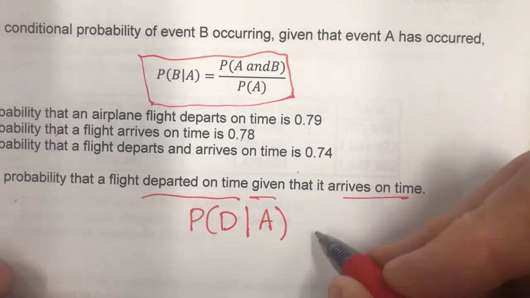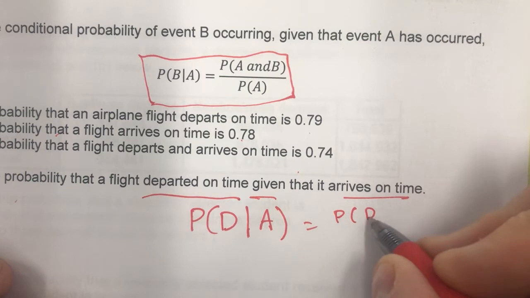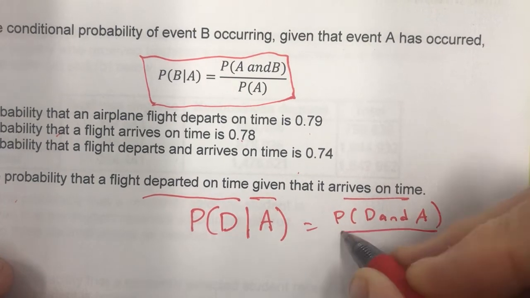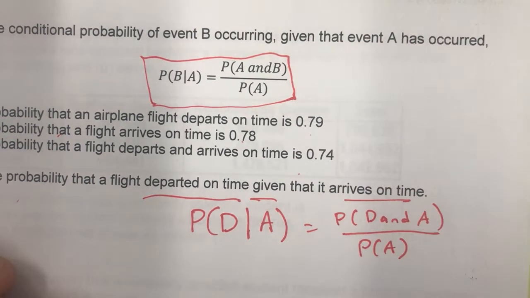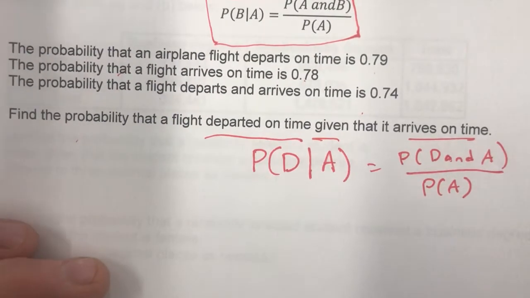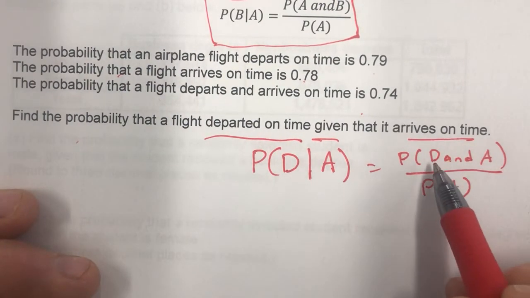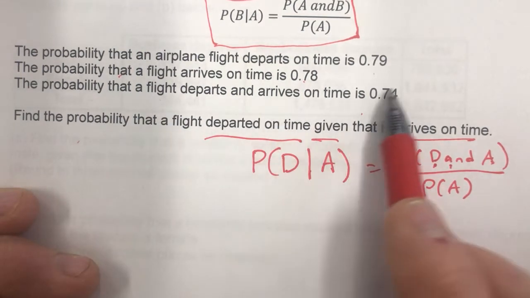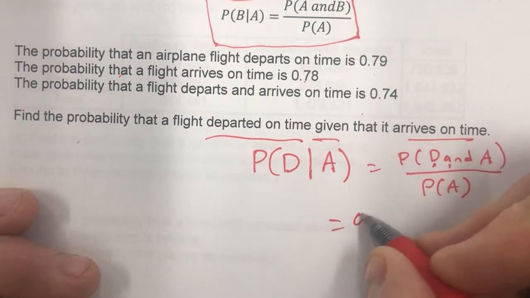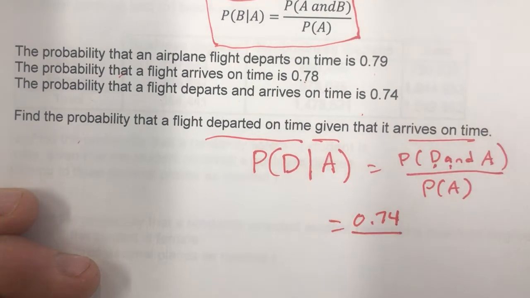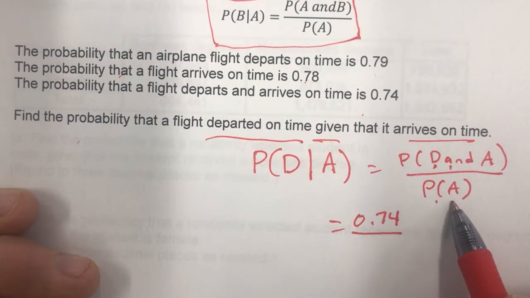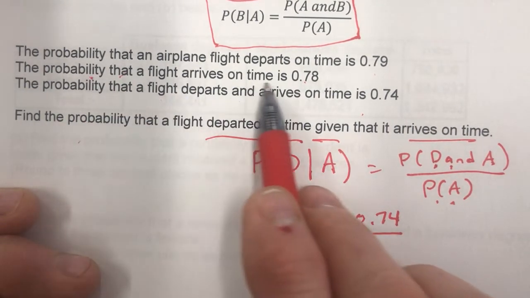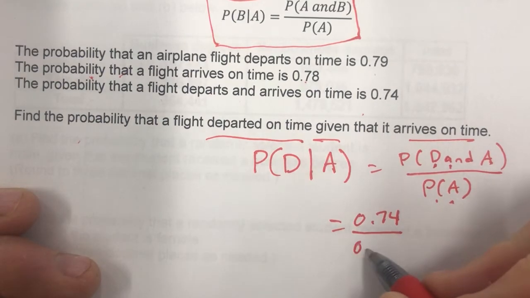So this is going to be probability of D and A divided by probability of A. So the probability that it departed on time and arrived on time, it's 0.74, so that's the number on top. On the bottom, probability that it arrived on time, probability that the flight arrives on time is right there, 0.78.